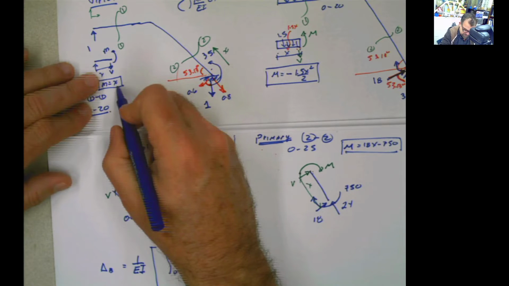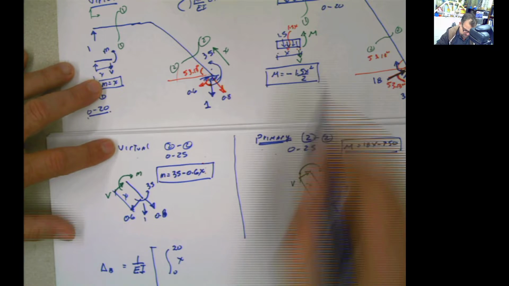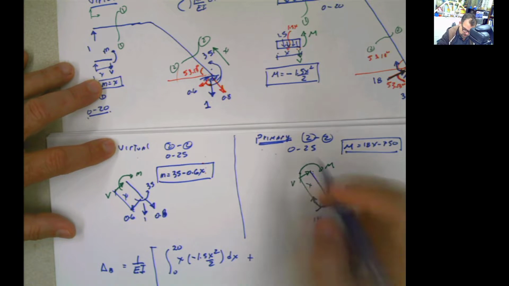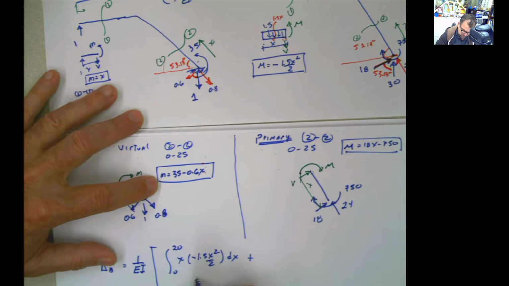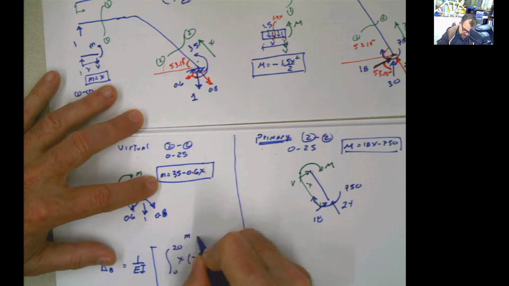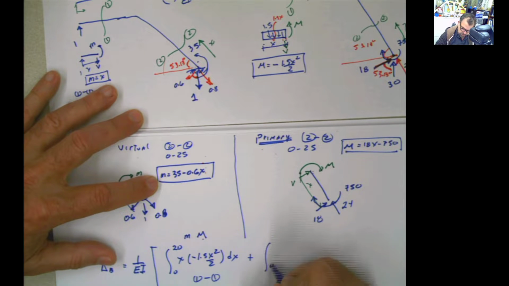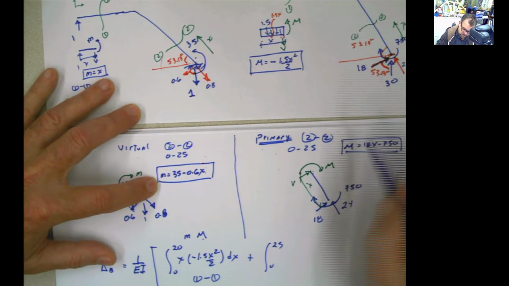Small m, x, times big M, this one, negative 1.5 x squared divided by 2 dx, plus the other portion, this one, for the section 2. Remember these correspond to section 1, and this will be M. Now from 0 to 25.